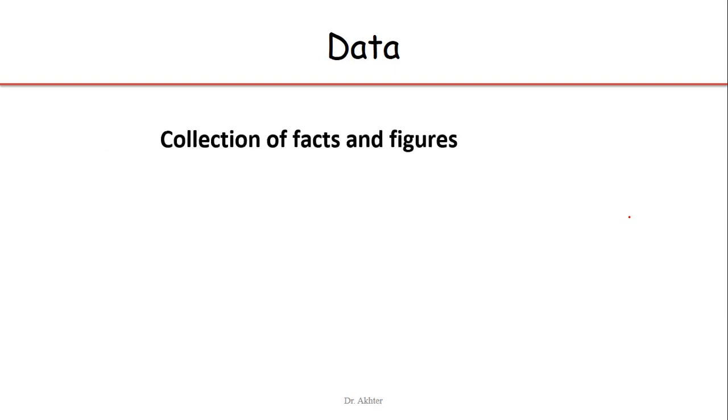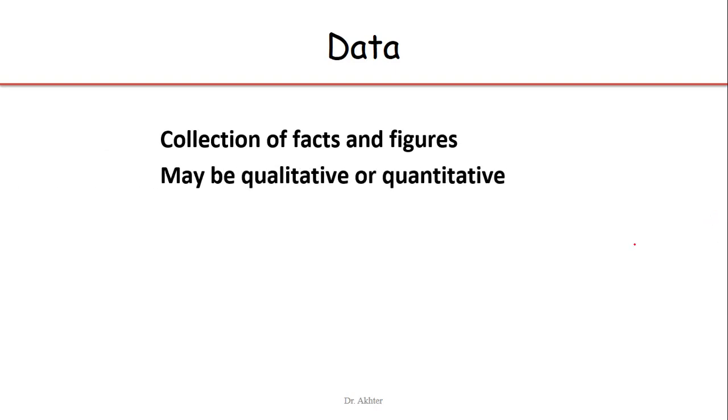Here we have some basic definitions of data. Facts and figures are called data. That may be qualitative or quantitative, like if the age of a participant is quantitative, while the gender is qualitative. So every variable in our data set can be classified as either qualitative or quantitative.